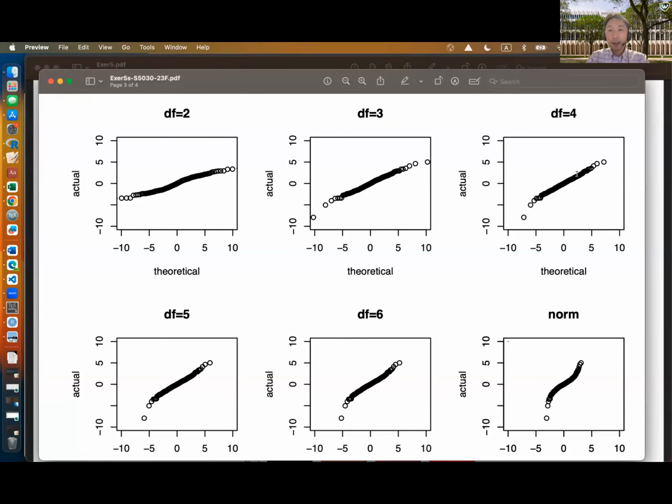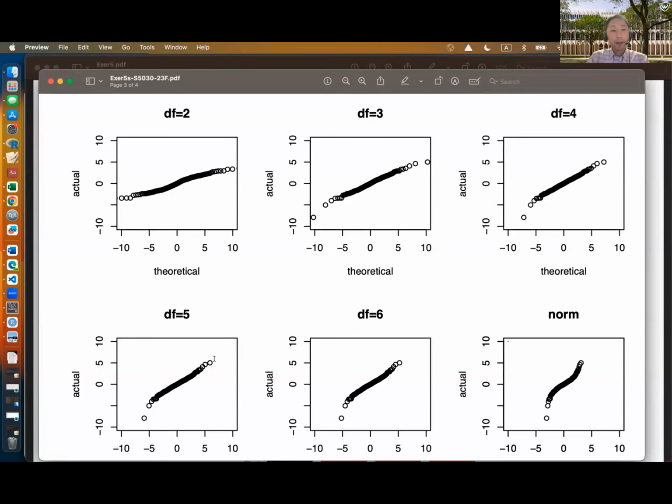T4, at the center, maybe it's even better. So maybe this is also a possible answer, but we have some outliers here. This observation is off the trend line compared to this. So I would say maybe T3, maybe T4 is also fine. T5, clearly this observation is too small.